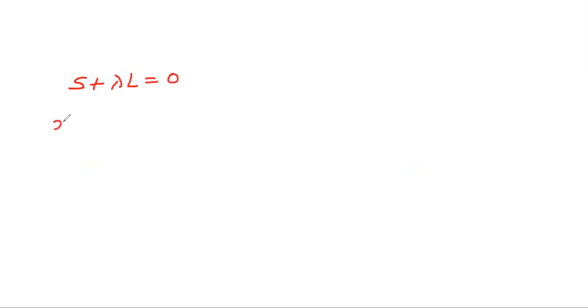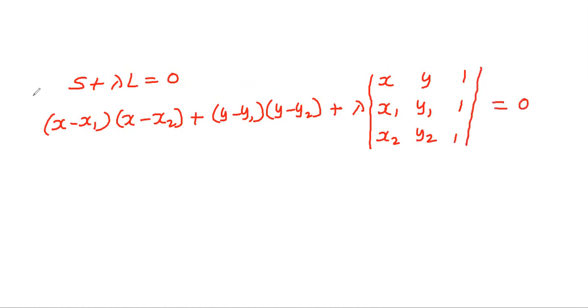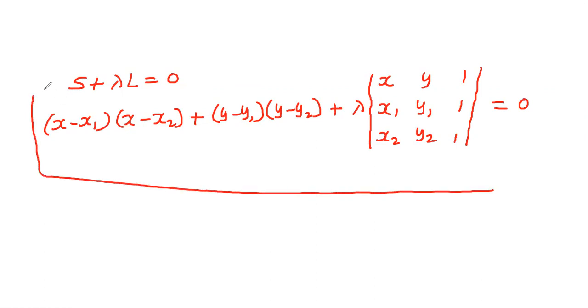S here is (x minus x1)(x minus x2) plus (y minus y1)(y minus y2), plus lambda times the equation of the line, the determinant with rows x y 1, x1 y1 1, x2 y2 1, equal to 0. This is the equation of the system of circles.